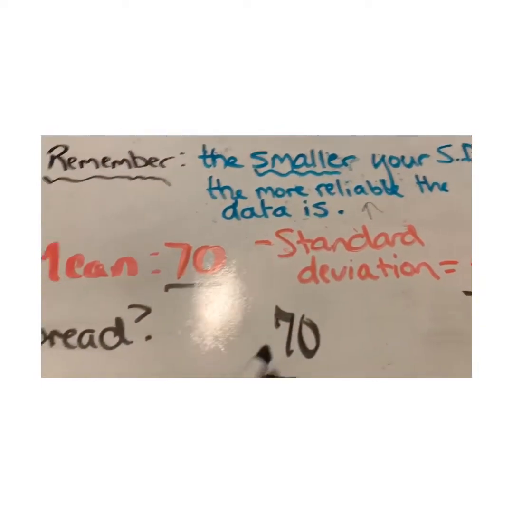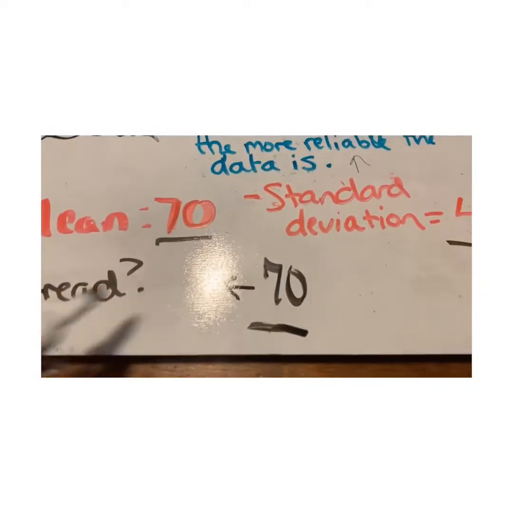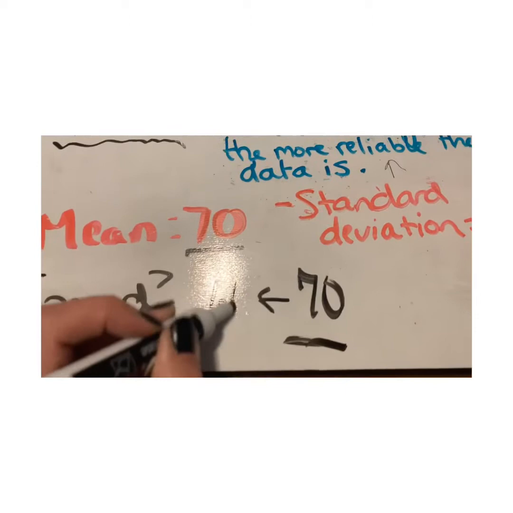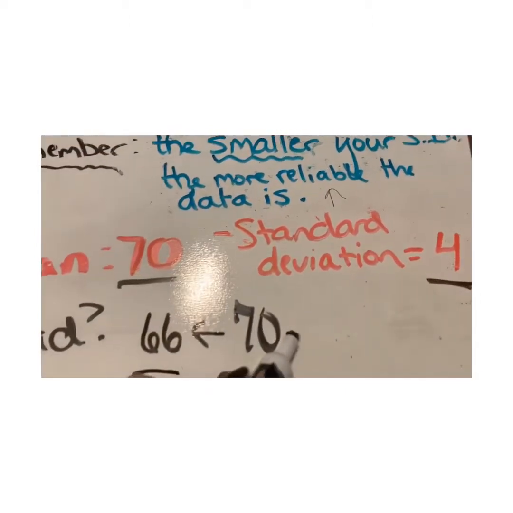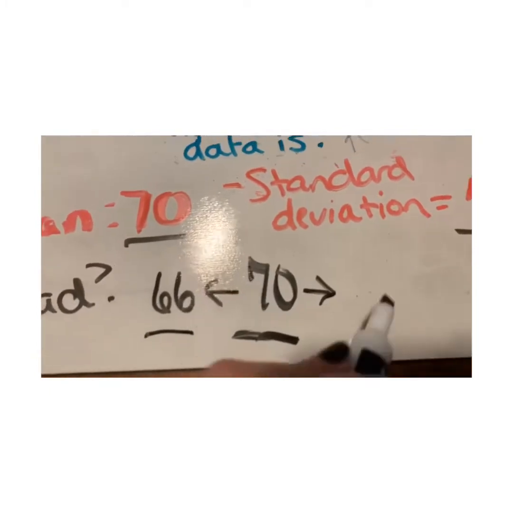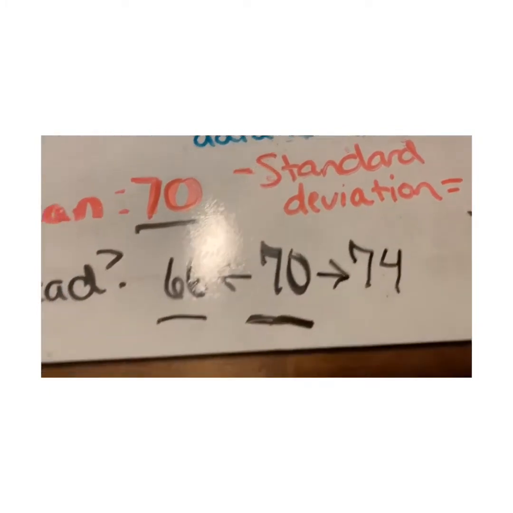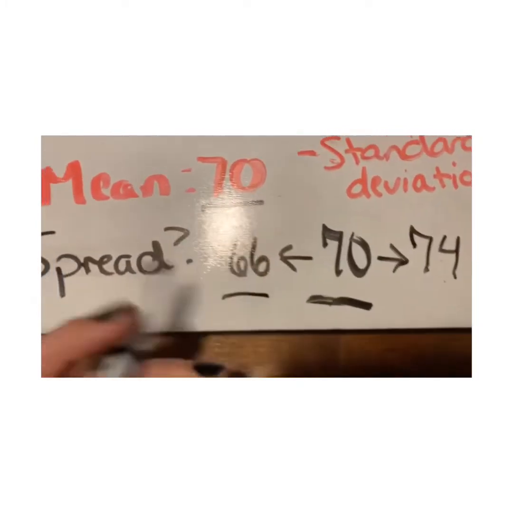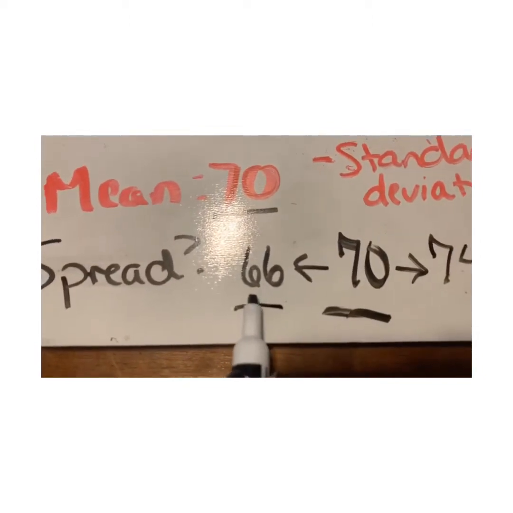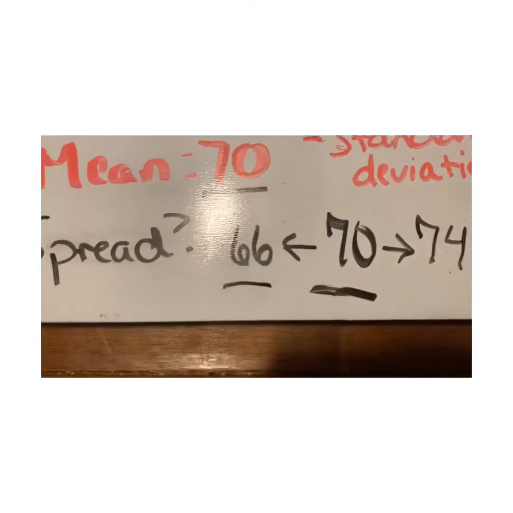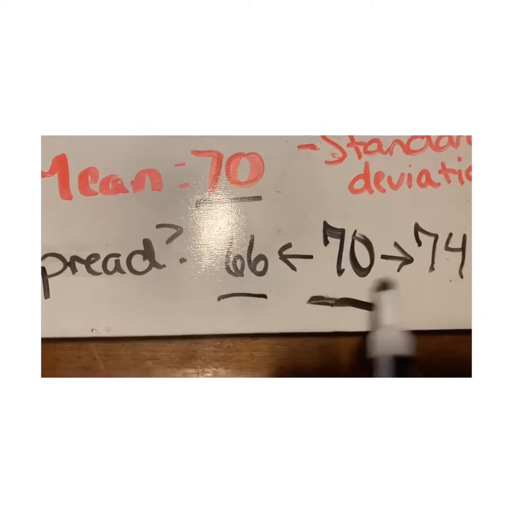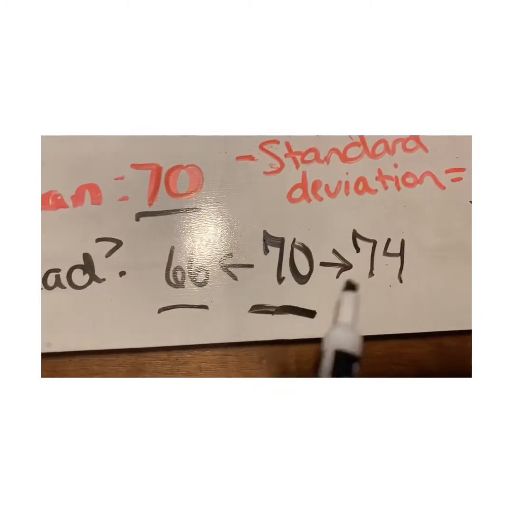So if I go 4 below 70, that is 66, it's just 70 minus 4. And if I go 4 above 70, that's 74. So my spread here is going to be from the number 66 to the number 74. That's how much this data varies. It can vary between 66 and 74.